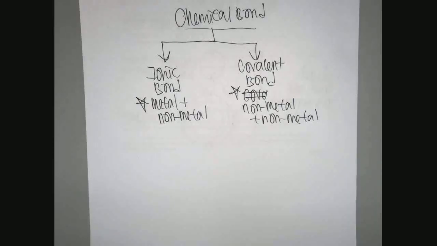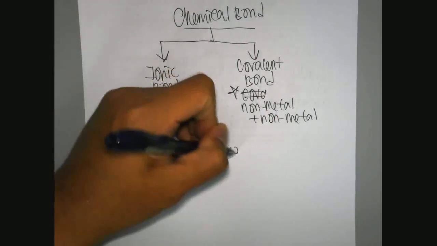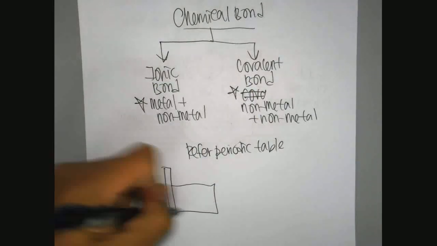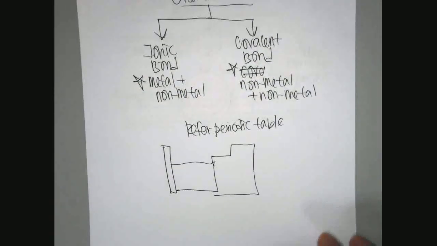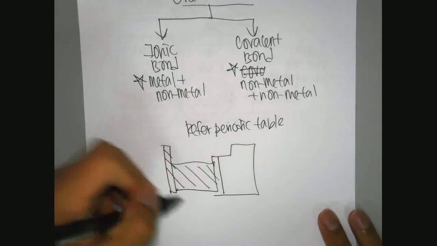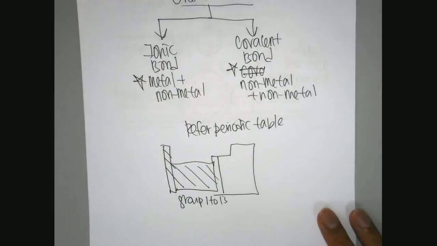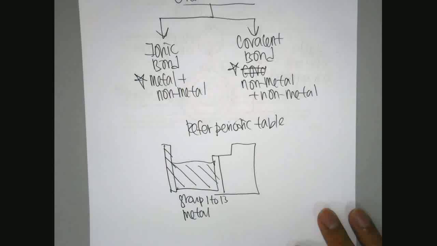Now the question is, how are we going to know who is metal and who is non-metal? We can refer to the periodic table. This is a simplified sketch of the periodic table. Everything from group 1 to group 13 are all metals.